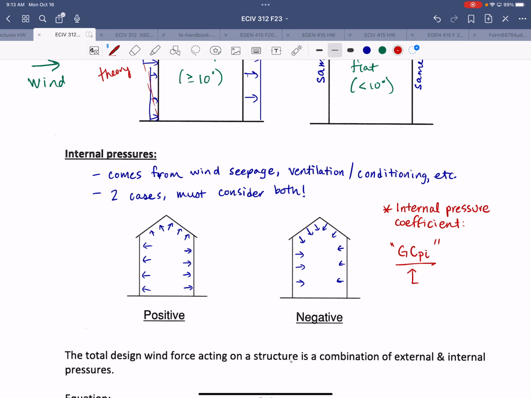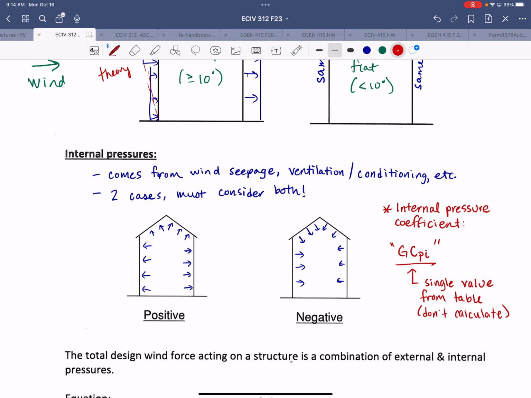It's not something that we calculate. That single value will be the magnitude for both the cases that you consider.